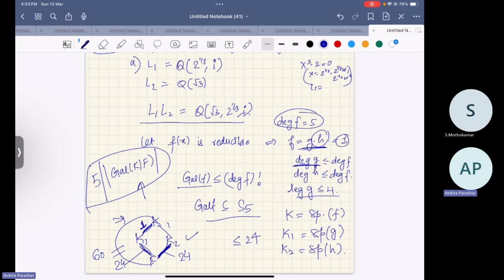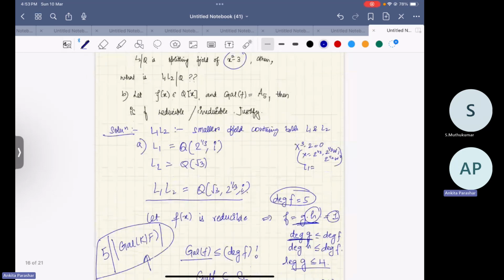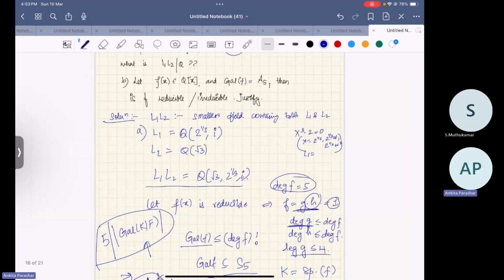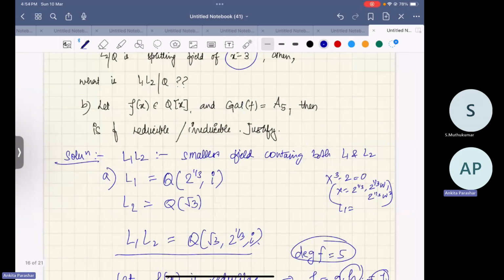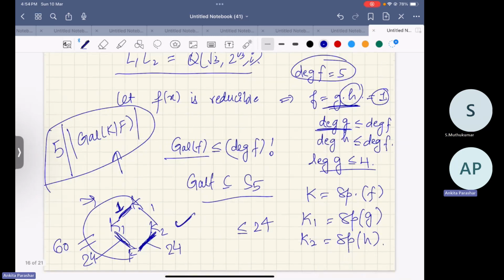Or maybe either of the ways that you saw previously, you can say that such a thing is not possible. I think this has been discussed in the class lectures also. Once you have either S5 or A5, either of these facts, then your polynomial cannot be reducible. This has to be irreducible, because once it is reducible, there is an issue with degrees.